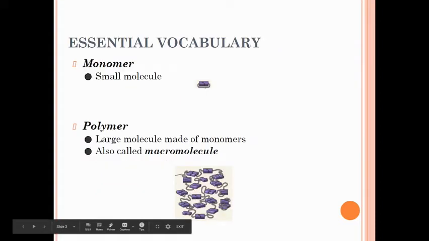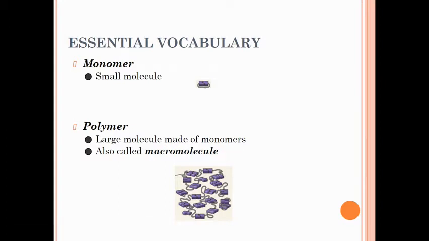When we're talking about carbon compounds or organic compounds, we have monomers, and a monomer is a small molecule. It's like a building block. A polymer, also called a macromolecule, is a large molecule. That's what macro means. It means large.